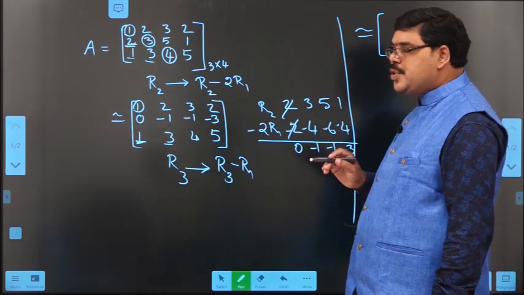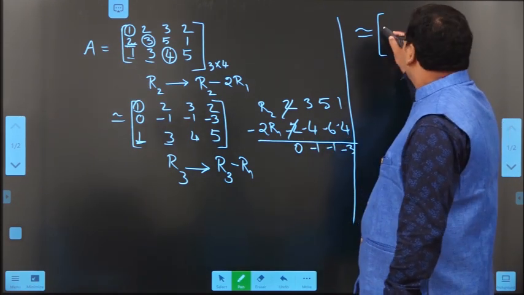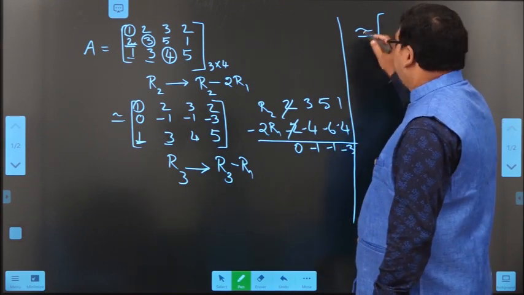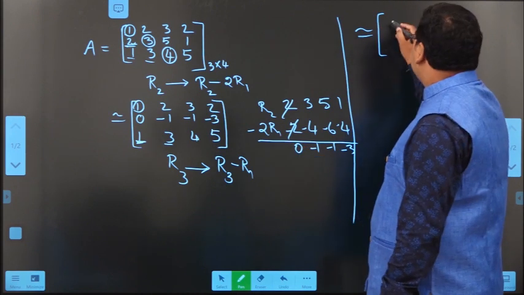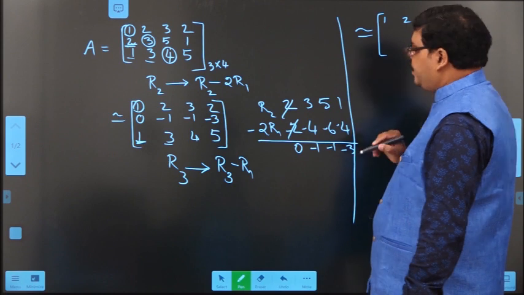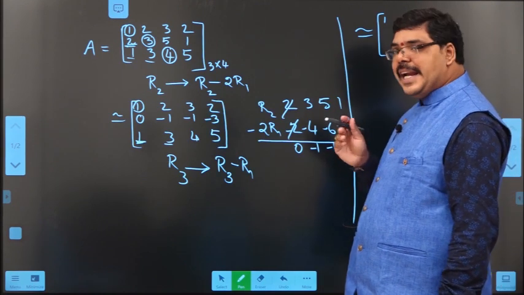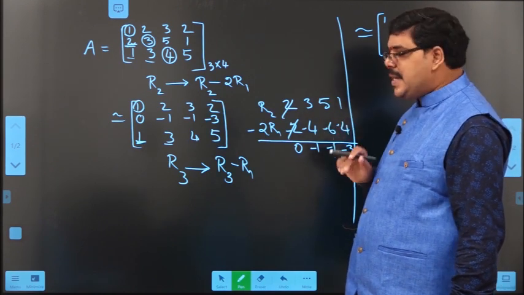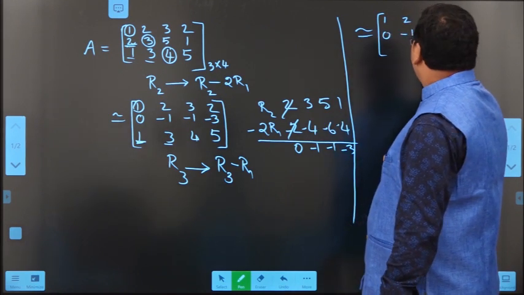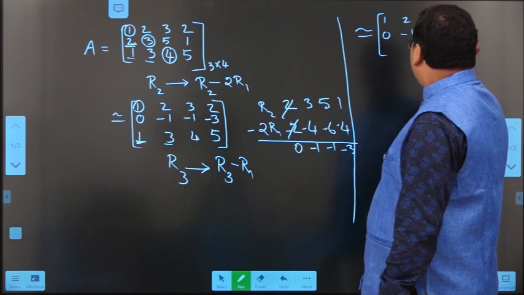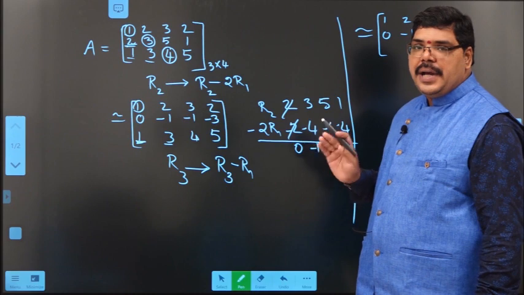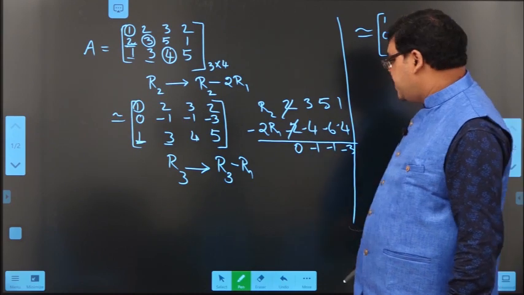First and second rows have no change. So write the first and second rows as they are. In the previous matrix, the first row is 1, 2, 3, 2. Okay, the second row is also as it is, we are not changing the second row. So 0, minus 1, minus 1, minus 3.